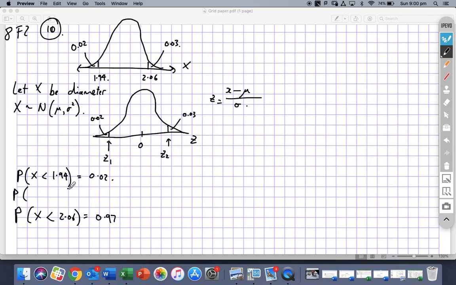the probability of a particular z-score, it'll be negative down here, the z, how can we write this, is smaller than 1.94 minus the mean on the standard deviation would equal this, right?